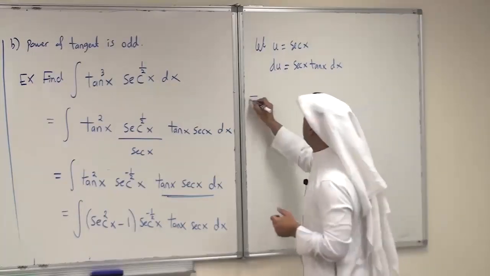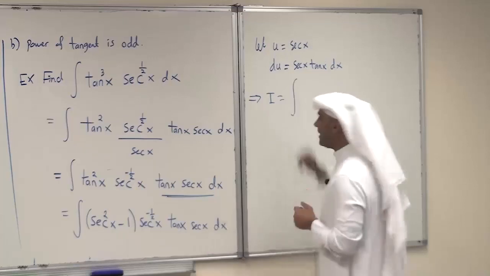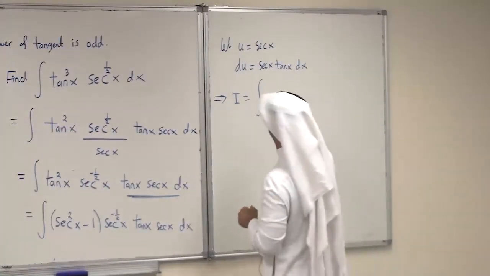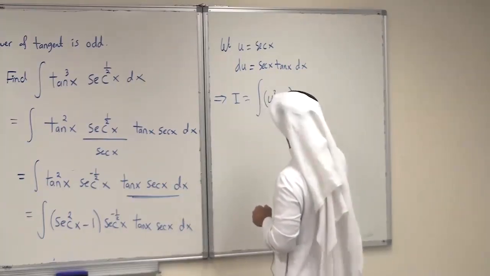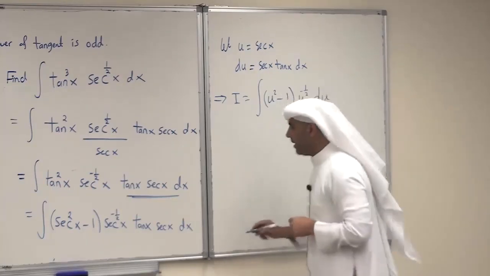So this implies the integral now is equal to, now let us look for the integral in terms of u. This will be u squared minus 1 multiplied by u to the power minus 1/2, and the rest is nothing but du.